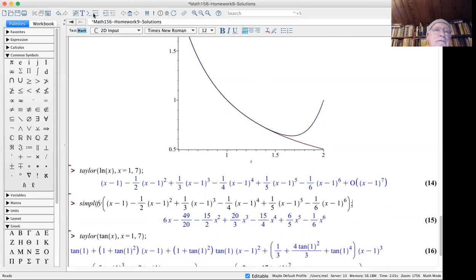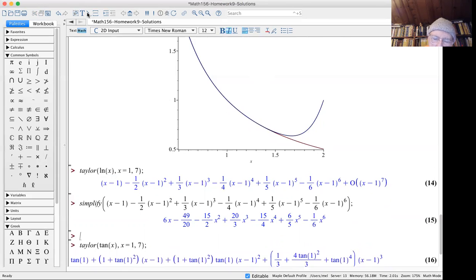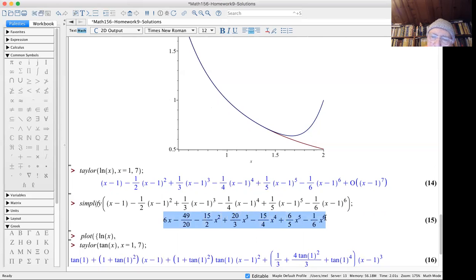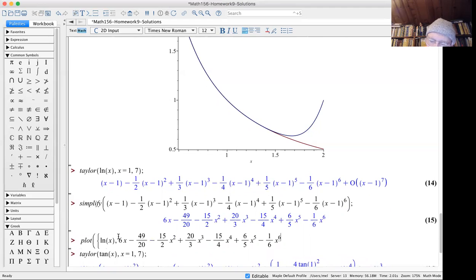Let's take a look at the graph. Suppose I plot log of x and this polynomial from 1/2 to 2.